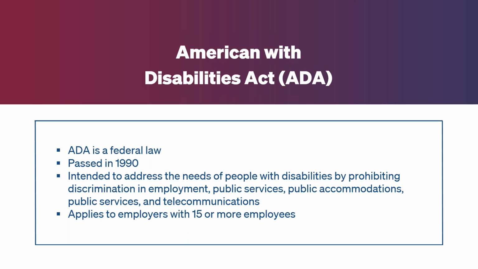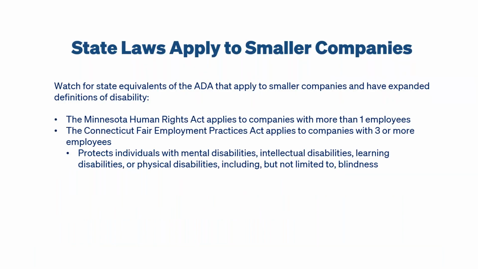The ADA applies to employers with 15 or more employees, and that's federal law. However, if you're thinking, well, we don't have 15 employees, we can just check out here. State laws apply to smaller companies.